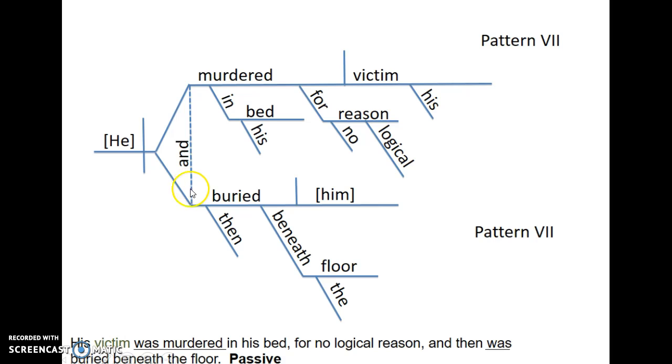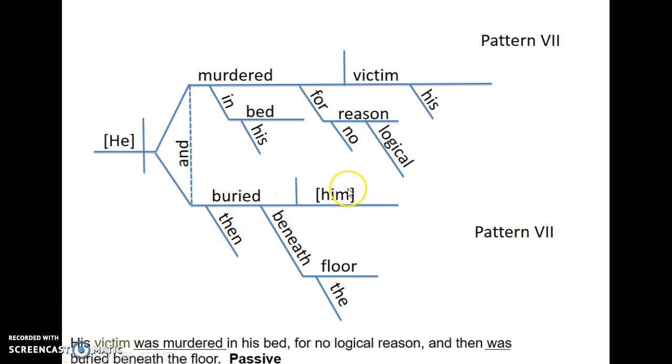We put our and connecting the two clauses in that bracket. We're still functioning off the same implied subject. This time we have our verb is buried. And now we have kind of an unclear buried what or buried whom. It's back to this idea of victim. His victim was murdered and buried.